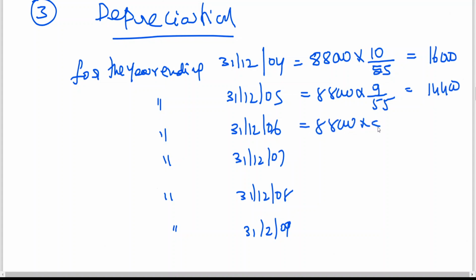88,000 into 8 by 55. You are getting 12,000. 12,800 you are getting. And 88,000 into 7 by 55.